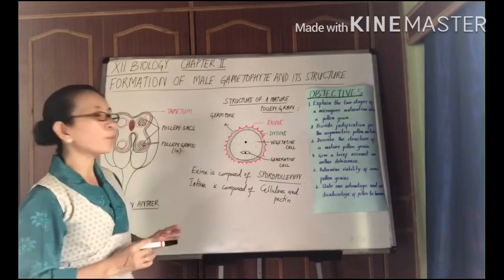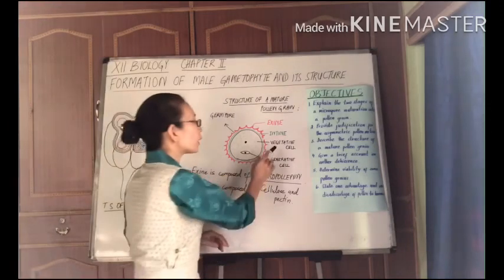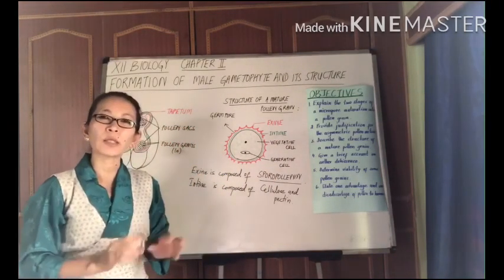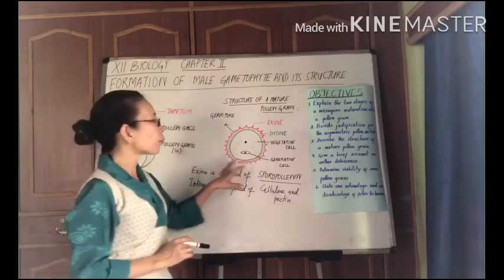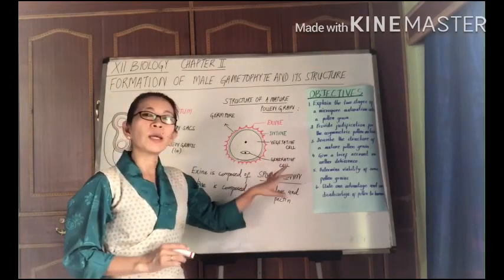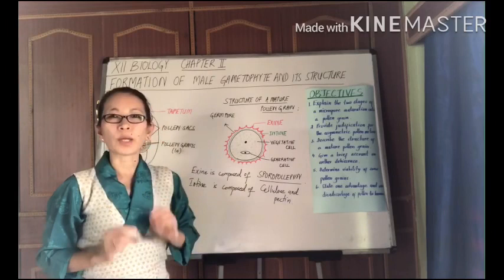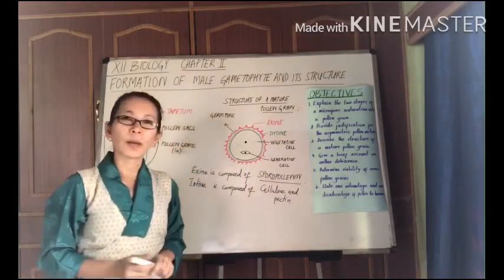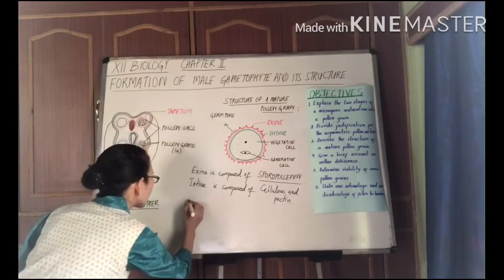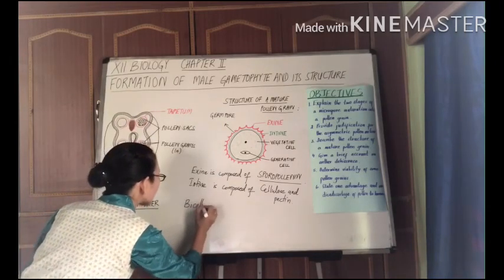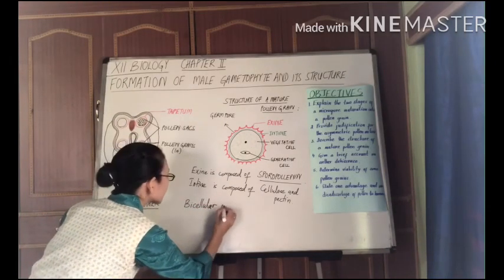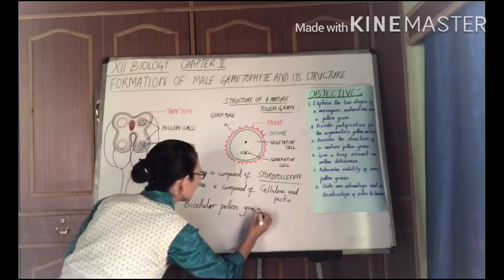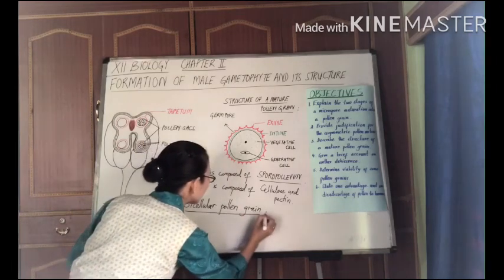Because there are 2 cells in this pollen grain, the larger vegetative cell and the smaller generative cell, such a pollen grain is said to be a bicellular pollen grain. So what do we mean by bicellular pollen grain?